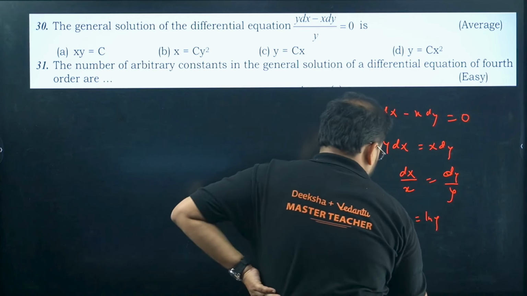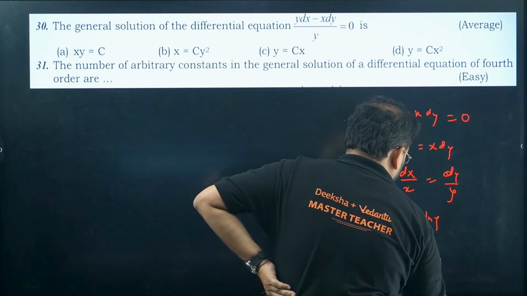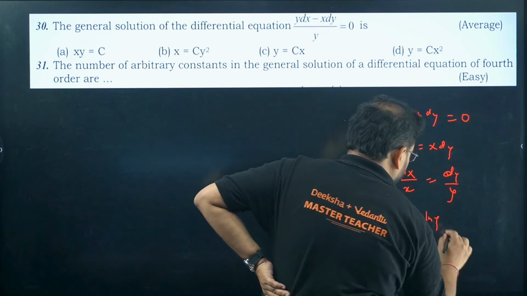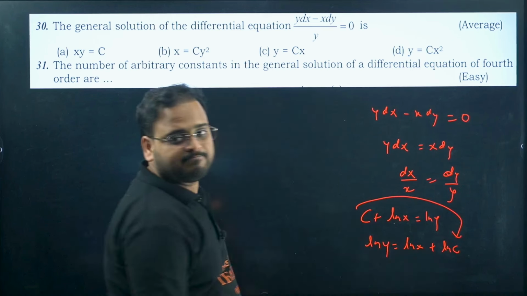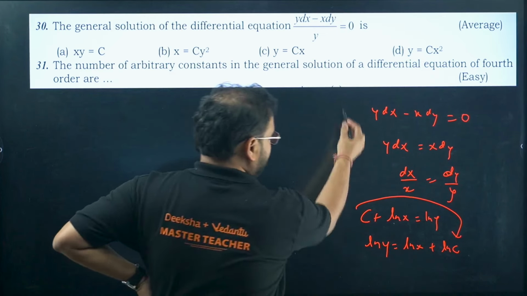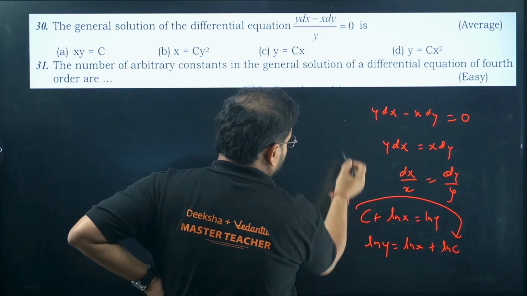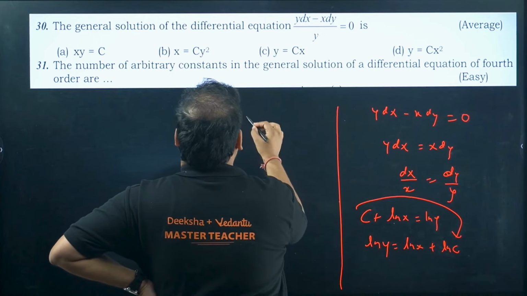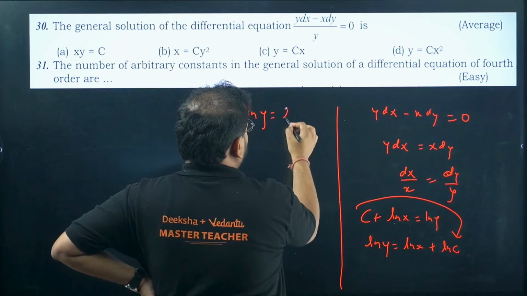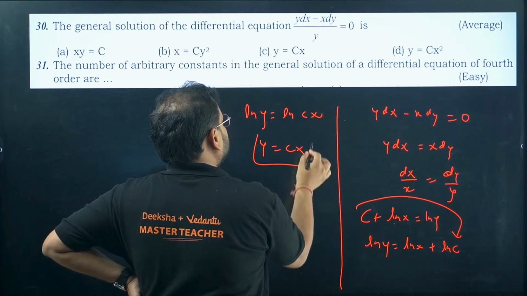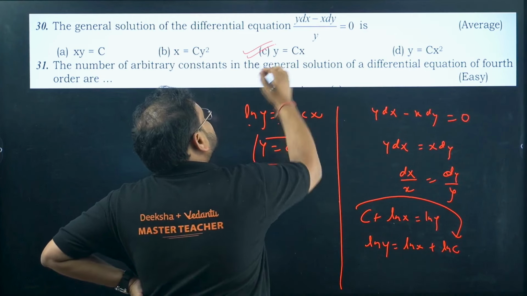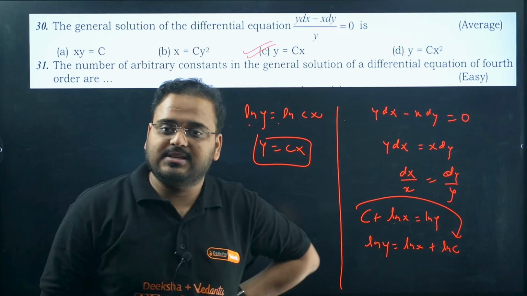So ln y equals ln x plus, I can write ln c, no? C is a constant. I can write this as ln c also, right? Log c is also a constant only. So I'll get ln y equals ln cx, right? So I get y equals cx, because both sides are log and log. Option C is correct.